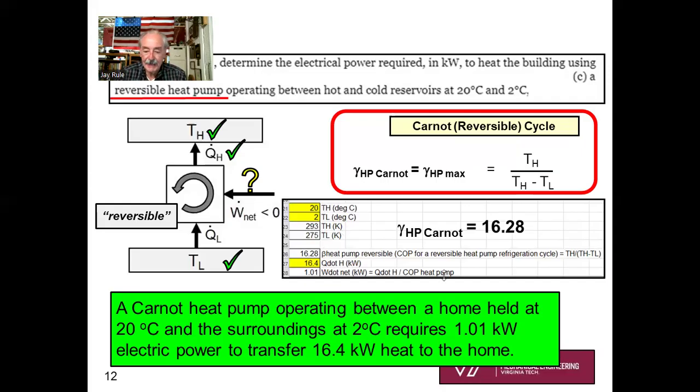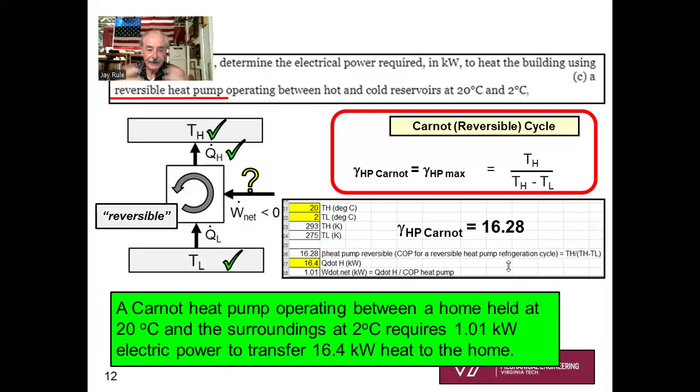Energy sought over energy that costs. And then I go right back to my definition of coefficient of performance. I know what the needed heat transfer is, Q̇H, 16.4 kilowatts. I wrote that down. I've got 16.28 as my coefficient of performance, and so the power needed is only 1.01 kilowatts.